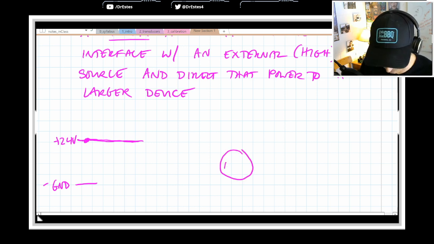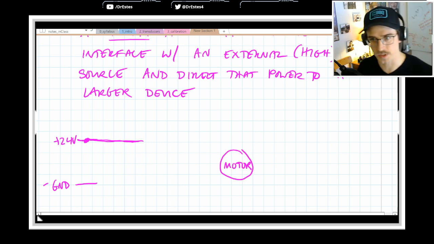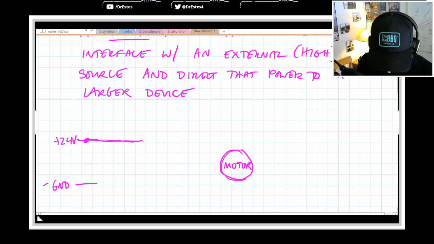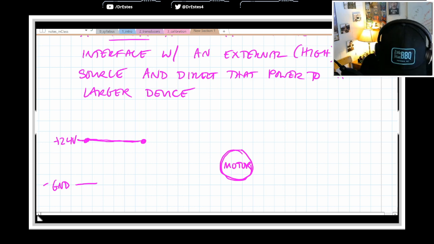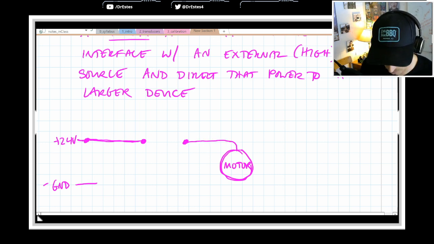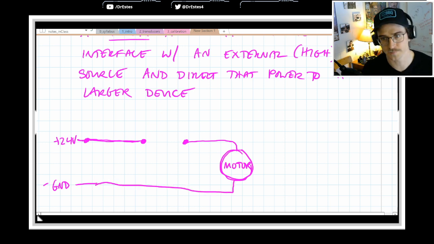And we're going to put a motor over here. I'm just going to symbolically put a motor in a circle. And I'm going to put a broken circuit here. So the 24 volts isn't really connected to the motor yet. And then this will go back to ground.